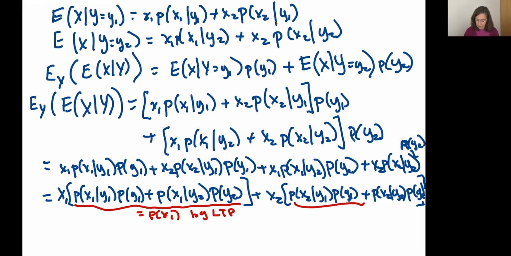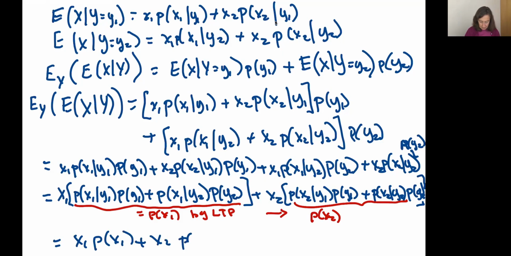And over here, you see it coming, right? This whole thing, the probability of x2 conditional on y1 times the probability of y1, and so on, that equals the unconditional probability of x2. Again, by the law of total probability as well. And putting that all together, we have x1 times the probability of x1 plus x2 times the probability of x2, and that sure enough is the unconditional expectation of x.